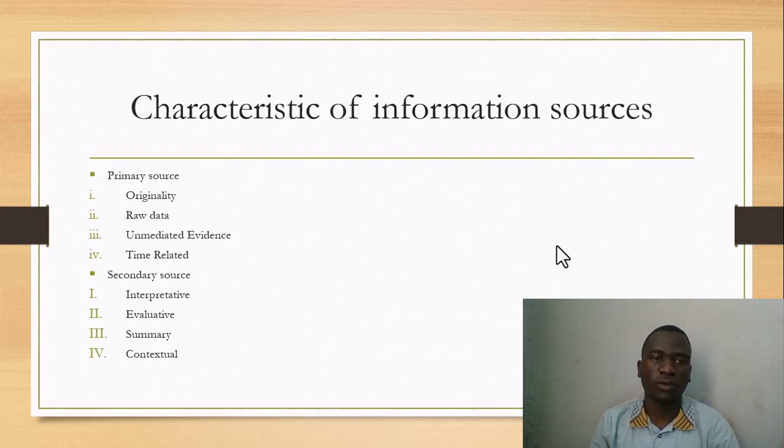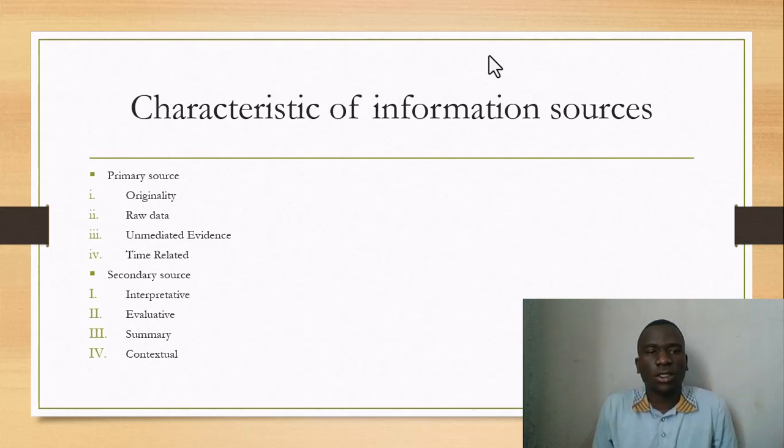One of them is originality. This is where exactly the information has been sourced from. Then we have raw data. This is information that has not yet been filtered, analyzed or summarized.